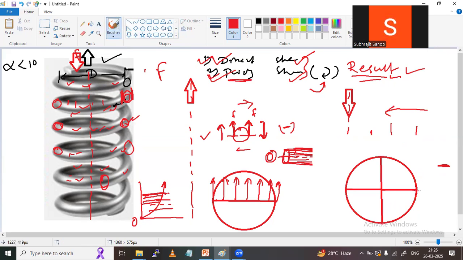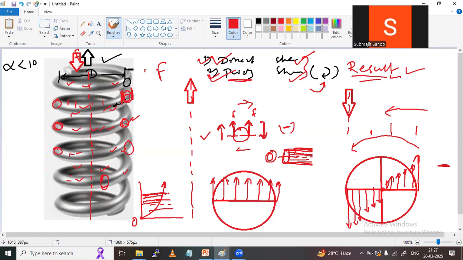So at the extreme fiber it is more, then it reduces, here it becomes 0, again increases, and at the extreme fiber again it becomes more, right? Which direction, sir? See, twisting means it is in the anti-clockwise direction. That is for the compression, right? Compression, anti-clockwise direction, shear stress.